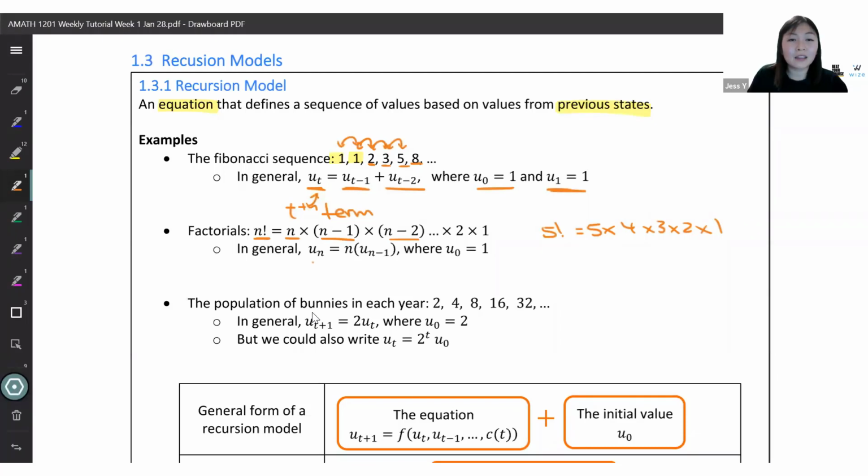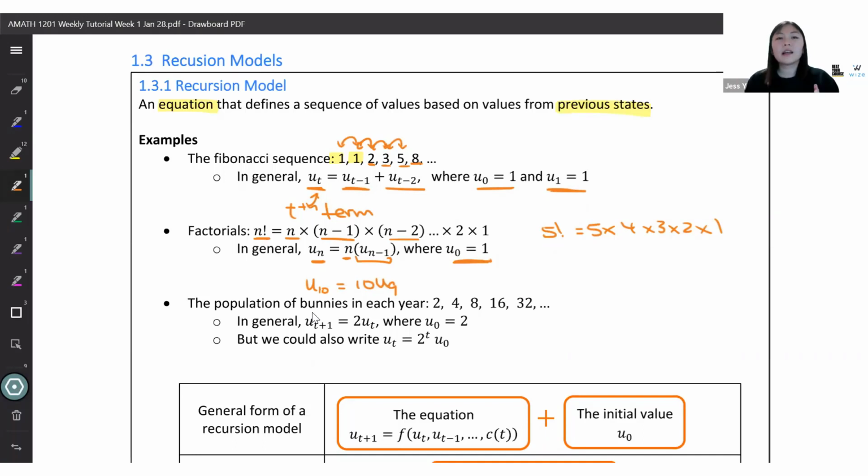So if I wanted to find the nth term, like the 10th term or the 20th term, that's actually n, whatever number n is, times the previous term. So for example, if I want u sub 10, the 10th term, that is 10 times u sub 9. It's 10 times 9 factorial, where the first term, or the 0th term, the starting term, is 1, okay?